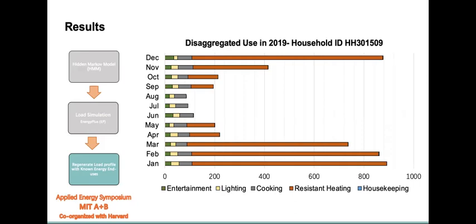Most of energy use is in the resistant heating category, which includes water heater and space heater energy use. This result is predictable for us due to the cold climate of Kyrgyzstan. And also this result shows how our model and our method can disaggregate the whole building energy signal to appliance level views.